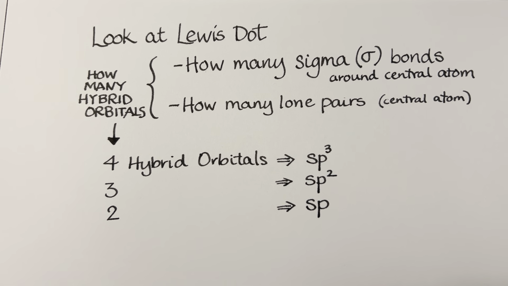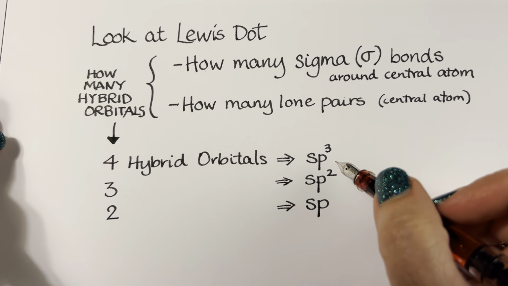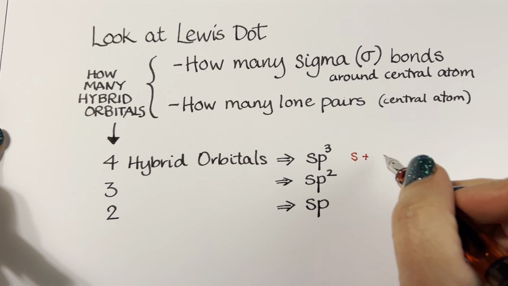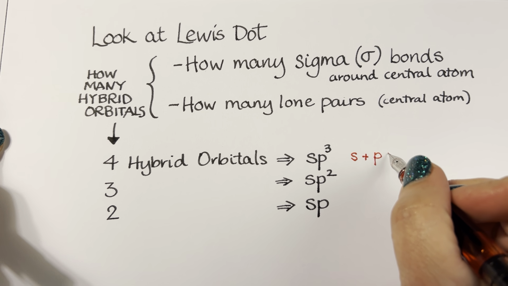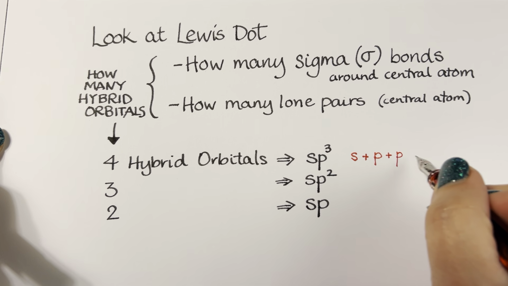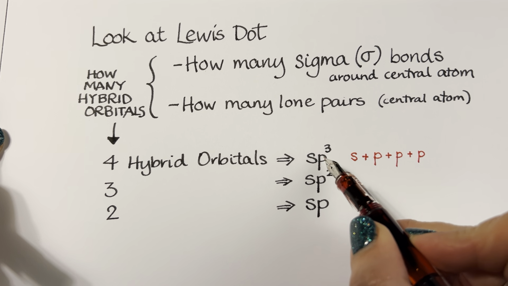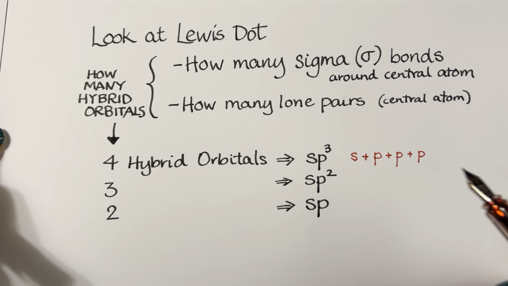Okay, now notice how, using a different color here, an sp3 hybrid orbital comes from adding together an s plus a p plus another p plus a third p. There are 3 p orbitals, hence the superscript 3 there, plus the s.